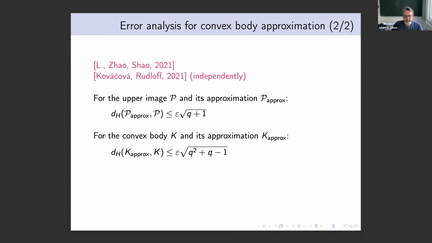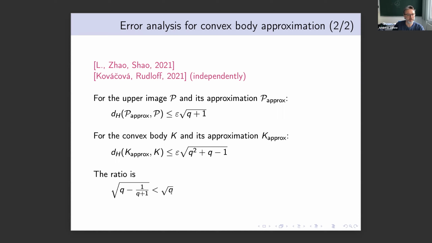And now we use this procedure I have shown above to approximate the convex body, and then we obtain this Hausdorff distance between the convex body and its polyhedral approximation. It's bigger. The ratio of both is this one here, which is smaller than square root q.